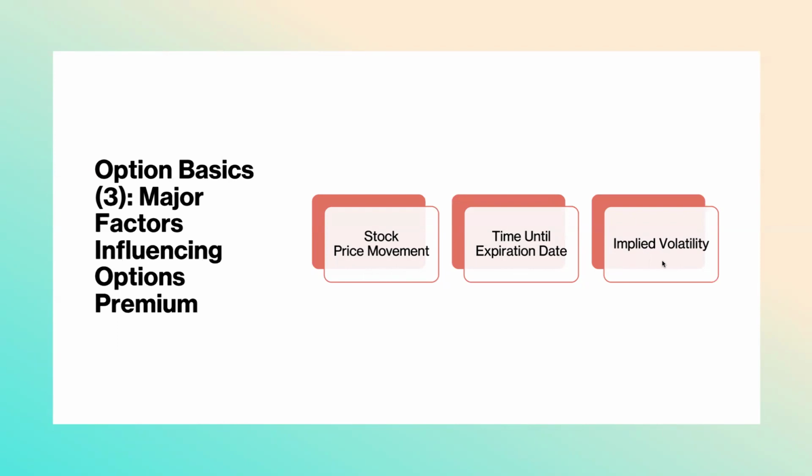However, these 3 factors also impact each other. We call it the secondary effect. For example, for an out-of-the-money put trade, when the stock price moves down, the trade price increases due to the delta effect. In addition, IV increases due to downward movement of the stock price. Therefore, that also increases the trade price.